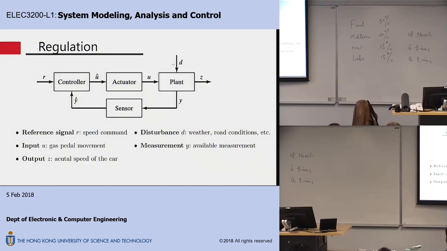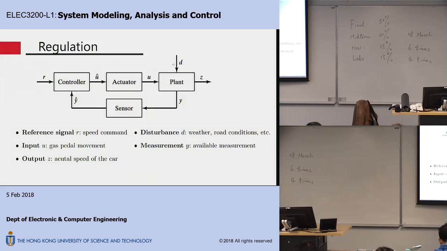The external command is called a reference signal. The controller takes both the reference signal and the measurement, basically the output of the plant, and makes some kind of comparison.